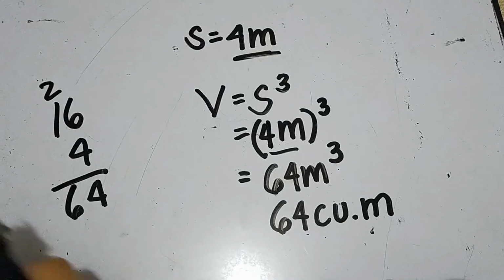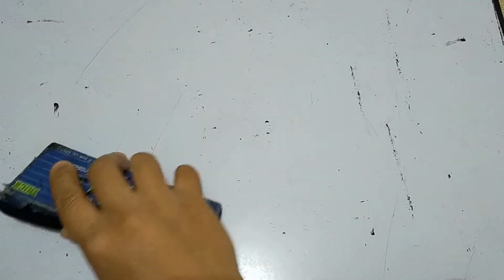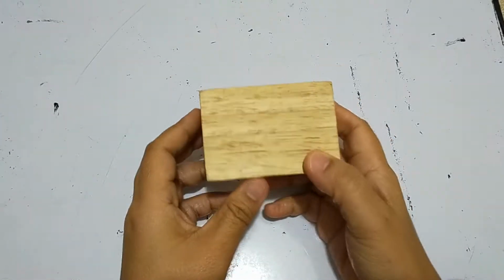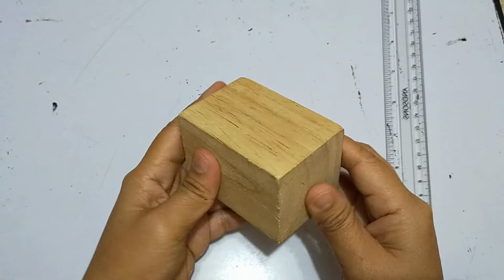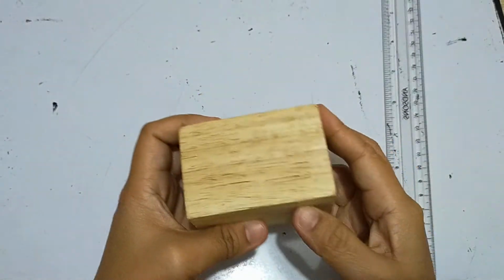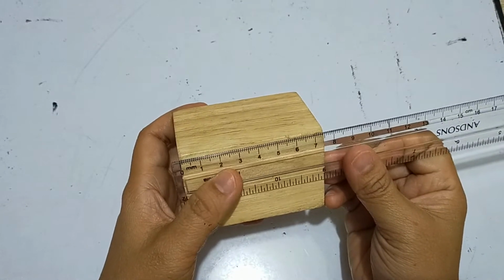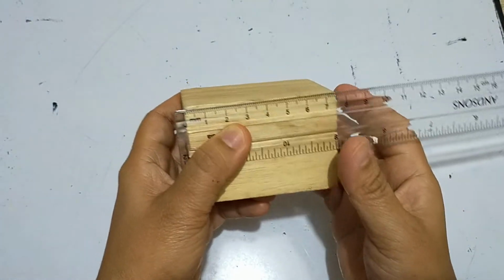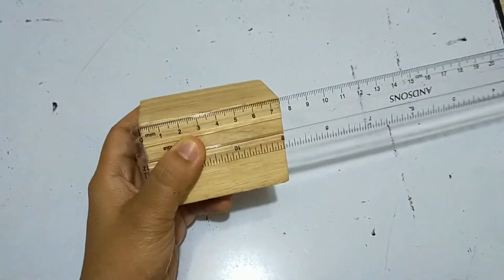Okay, so how about kung ang given naman ay rectangular solid? So let's say this one. Okay? So when we say rectangular solid or rectangular prisms, may tatlong dimension siya. We have the length. So sukatin natin length. As you can see, yung length niya ay 7.5 centimeters.